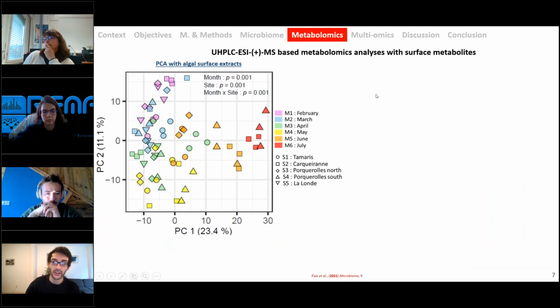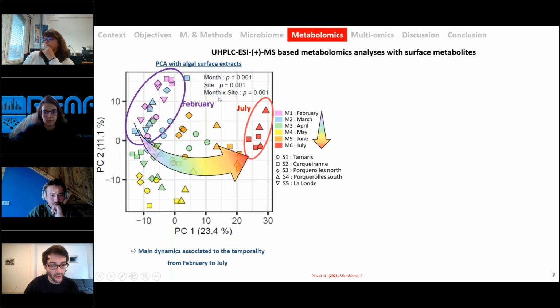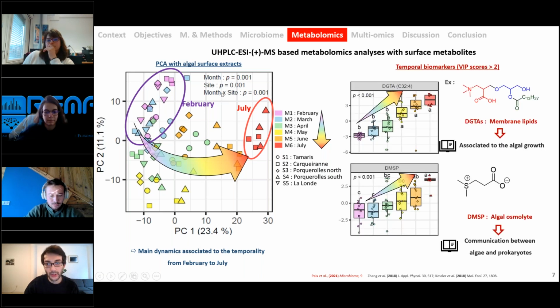So now when we go into the details of the metabolomics analysis for the surface metabolomes, with this multivariate analysis we can see that there is also a temporal shift of the surface metabolomes. And when we look into the biomarkers associated with this temporal shift, we find mainly the DGTA, which are membrane lipids.